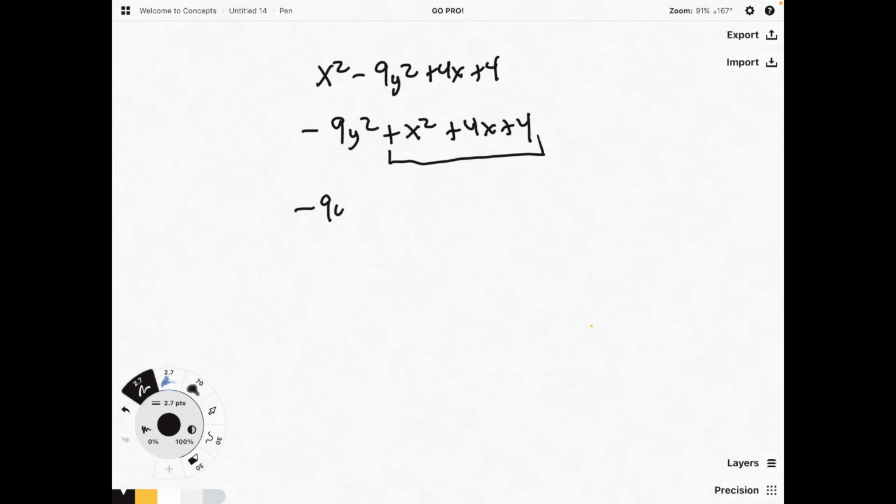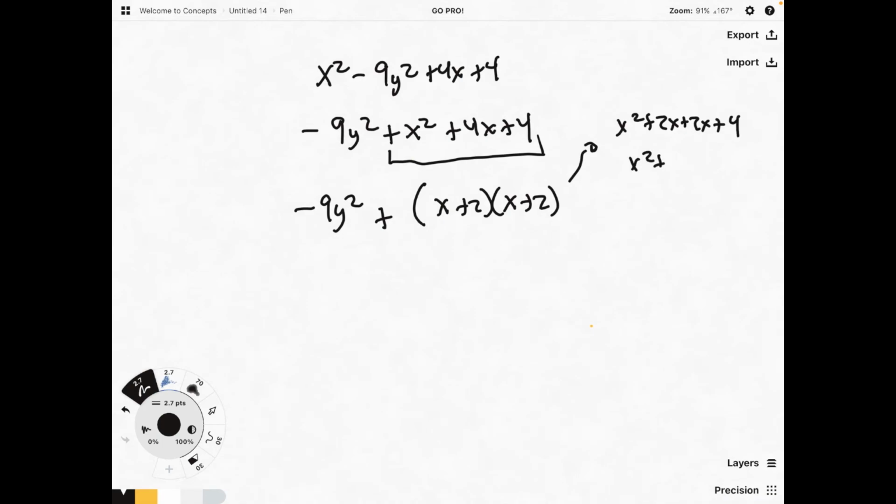We have 9y squared plus this factors down to x plus 2 and then x plus 2. And we know that if we want to check that work, it would be x squared plus 2x plus 2x plus 4. X squared plus 4x plus 4 gives us the exact same thing we have. So we know that's the correct term.